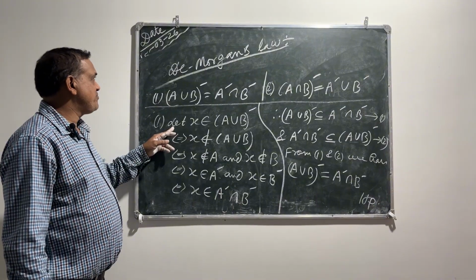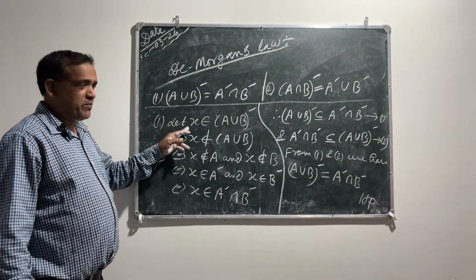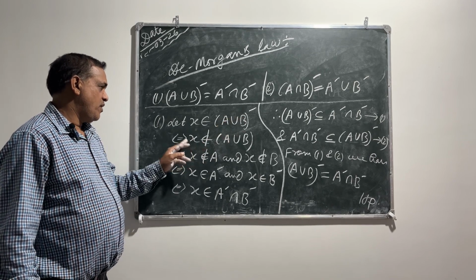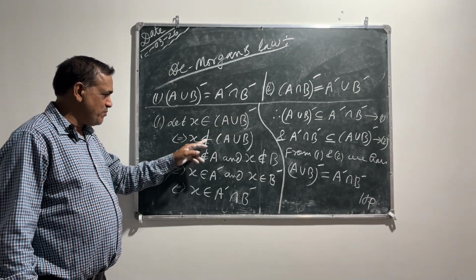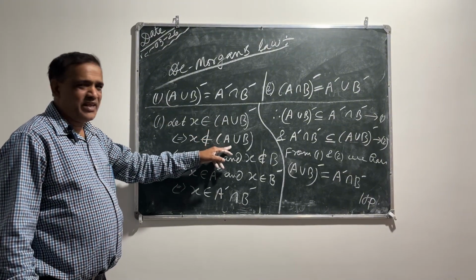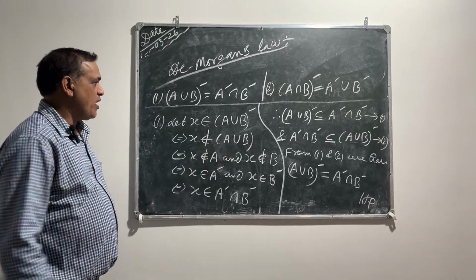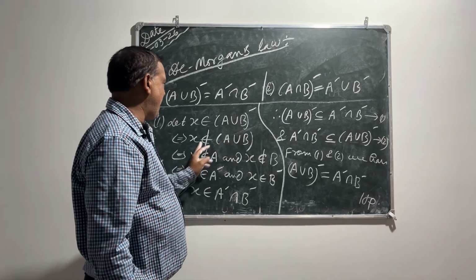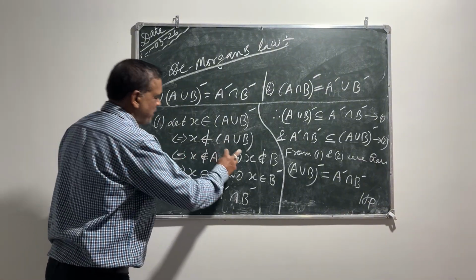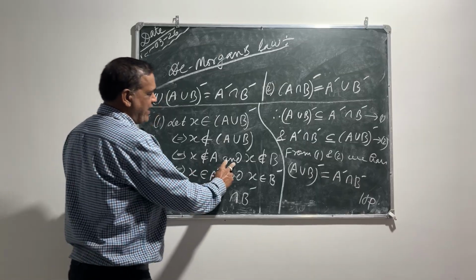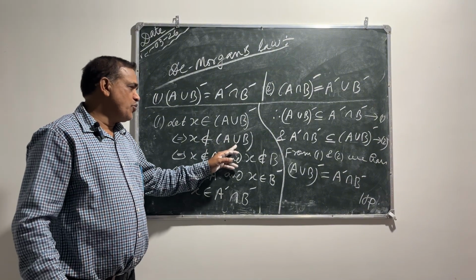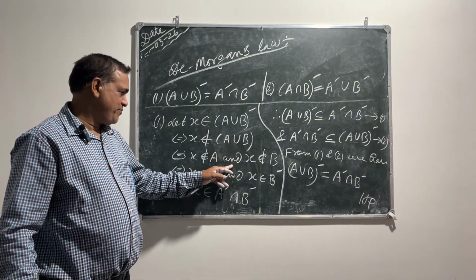Explanation of the first De Morgan's law: X belongs to (A union B) whole complement. That implies, and is implied by, X doesn't belong in A union B. If it belongs in the complement, then it cannot exist in the set. So after removing the complement sign, X cannot exist in their union. If we want to expand it, X does not belong in A and X doesn't belong in B. If it is does not belong, then union can be replaced by and.